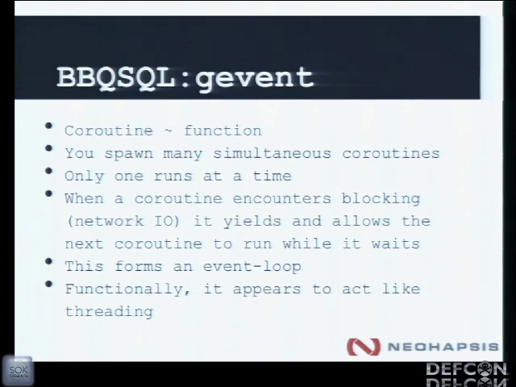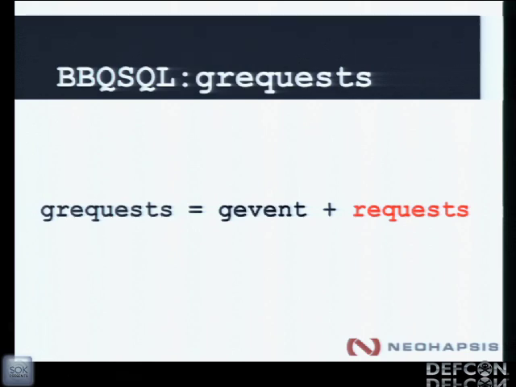This is coroutine-based, which makes it a lot more accessible to those of you who've worked with threading before. And because you have this ability to jump to the next coroutine when you hit blocking, you can have hundreds of outstanding requests. You can make an HTTP request, and when you're waiting for the response, you're not sitting there waiting, you're executing code in the next coroutine. This is what allows you to have a lot going on at the same time, and we get a lot of performance out of that.